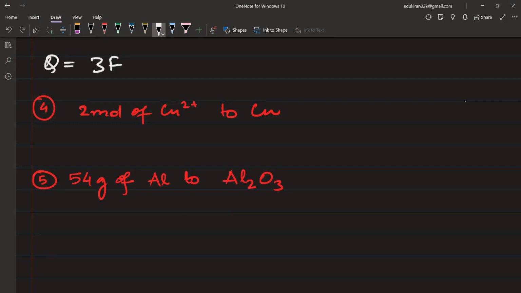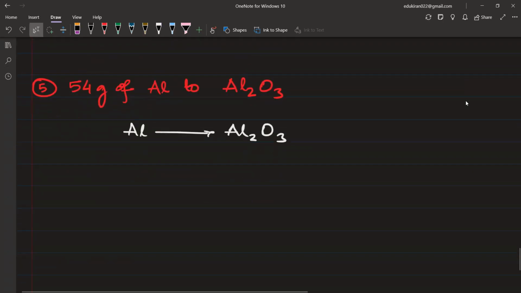The reaction that you can see is aluminium getting converted to Al2O3. How much aluminium? 54 grams of aluminium. In terms of moles, that will be equal to how much?